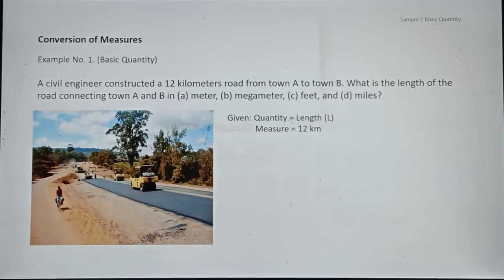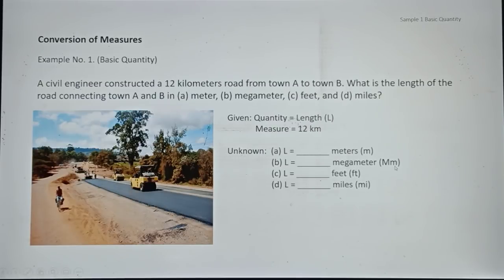And now, what are the unknowns in the problem? The unknowns are meters, megameters, feet, and miles. So, knowing all the information provided in the problem, we can solve the problem.